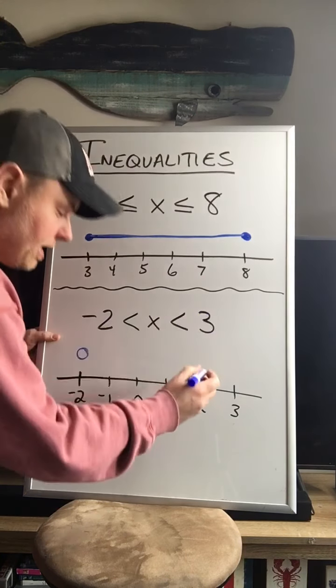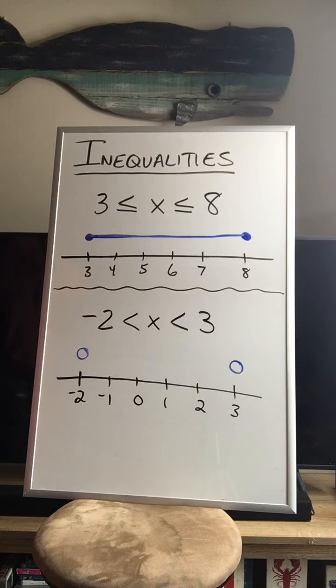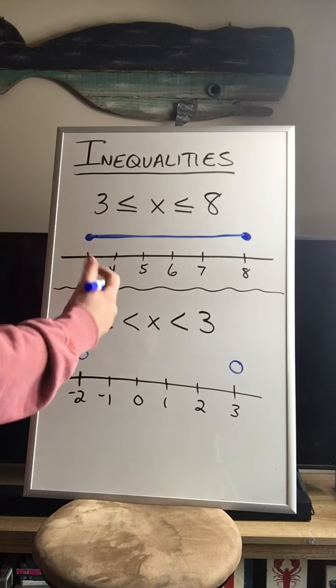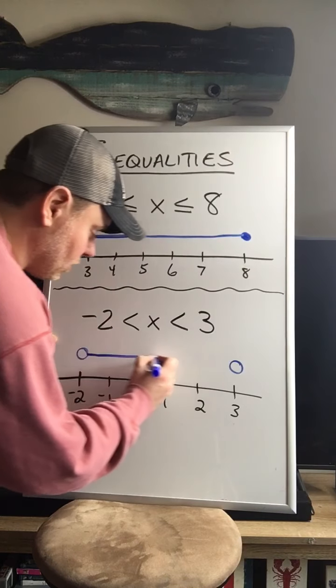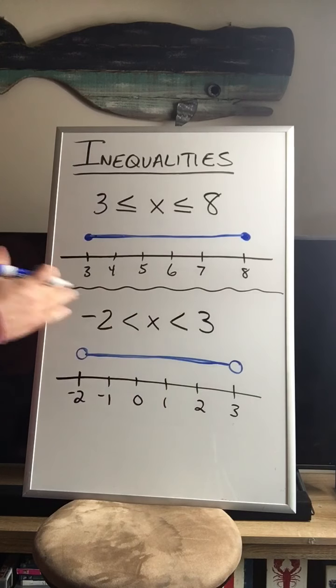And then I'm going to put a dot at 3. But once again, since there is no equal sign there, it's an open dot. And now I want to show all the numbers between -2 and 3. So I connect those dots because these are all the numbers between -2 and 3.